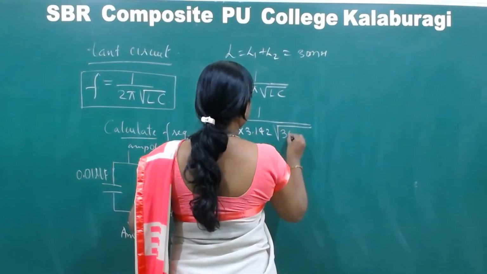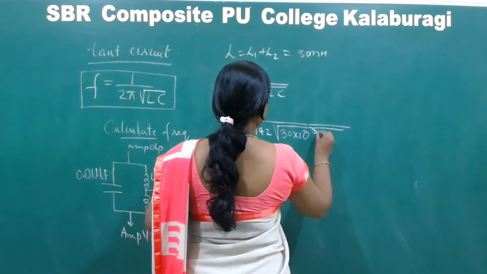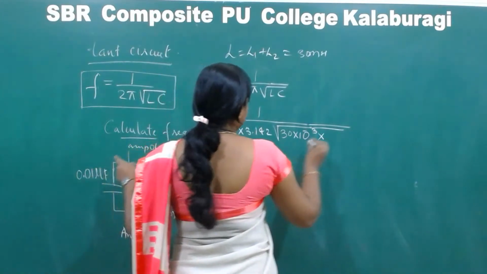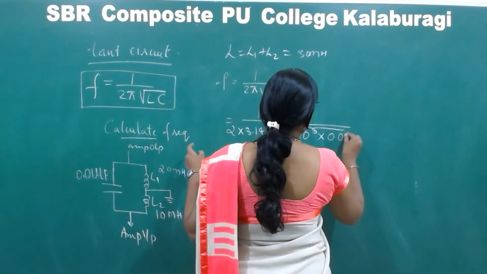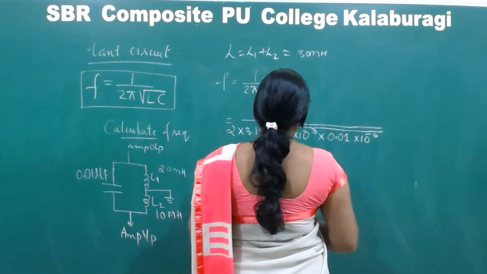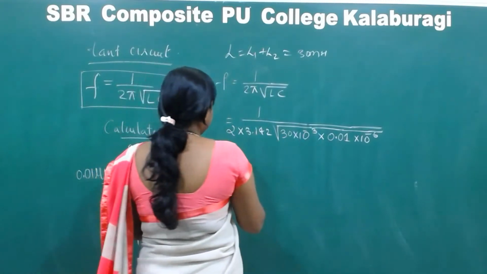So 30 into 10 to the power of minus 3 into 0.01. So this is what is given to calculate the value of frequency.